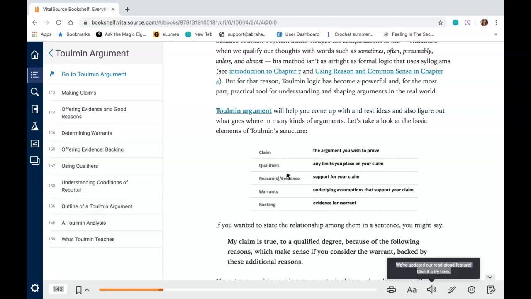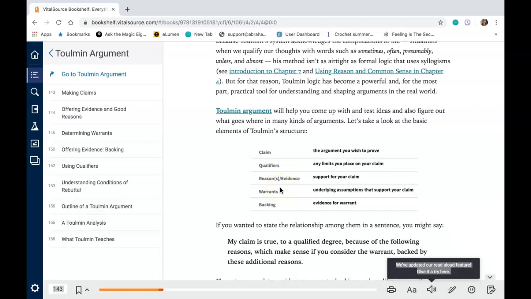A limit could be things that you just don't want to bring into the argument. A limit could be just narrowing down your ideas. So that's what a qualifier is. So it makes reasoning and arguing much more to the point.